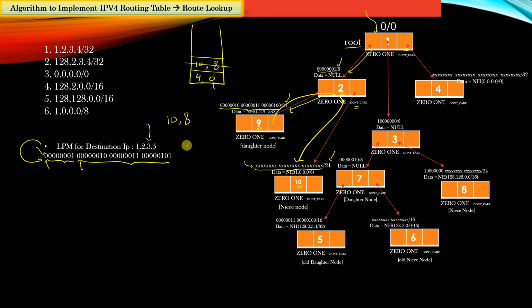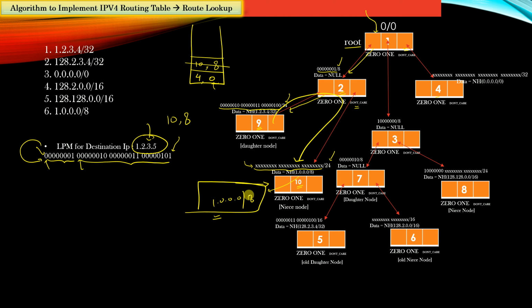And now after this match, the total number of bits of our input string has been exhausted, therefore we stop our search here at node number 10. So the route of interest that we are looking for is the route 1.0.0.0/8. So this is the route which will be used by our router in order to forward the traffic which is destined for IP address 1.2.3.5.